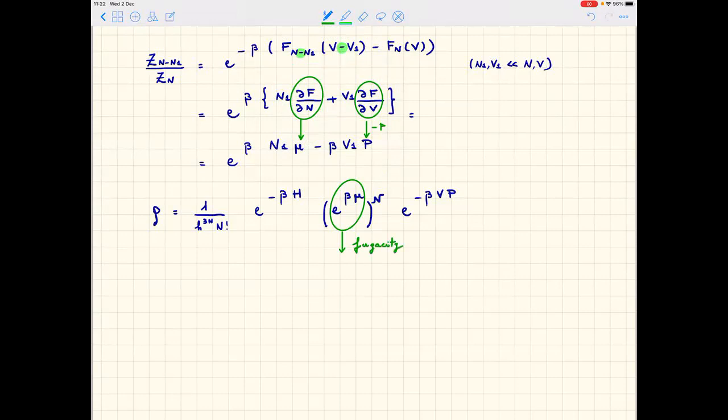And the letter people use to write it is z, little z.